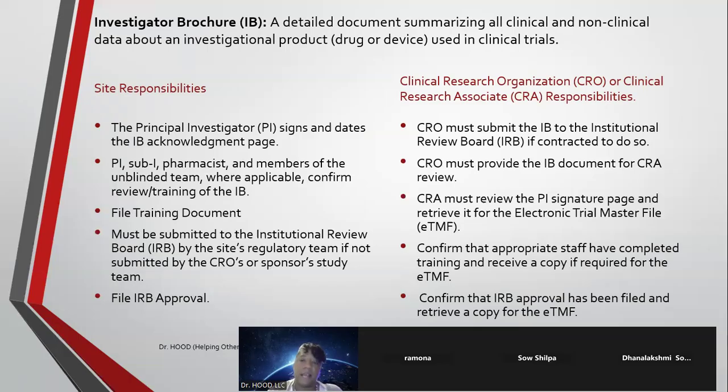So all of that data, depending on what stage you're in the clinical trial, will be in that investigator brochure. If you're conducting a phase 1 trial, then only the preclinical data will be in the investigator brochure. If you're on phase 2, then phase 1 and preclinical; phase 3, then 2, 1 and preclinical, and so on and so forth. So that's what the investigator brochure is.